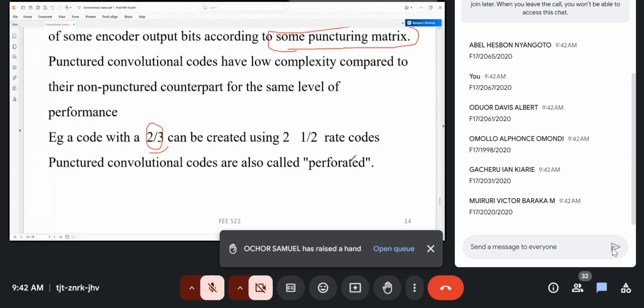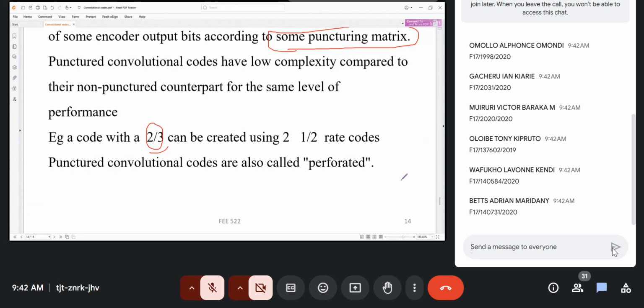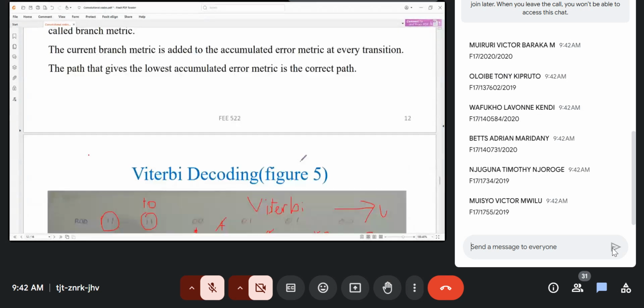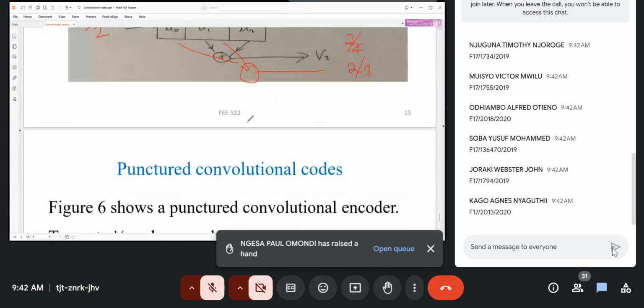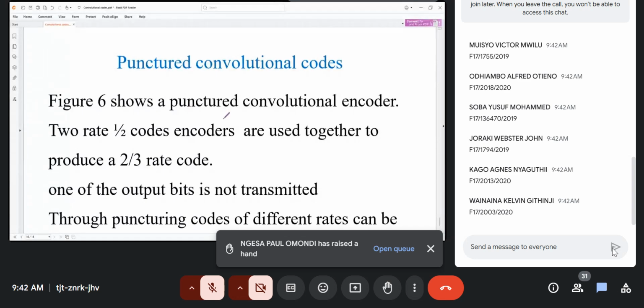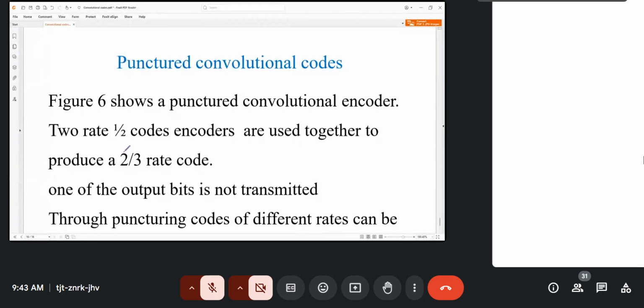You explained something about a half and 2/3. Could you kindly explain again? What you're saying is, remember, we had said that you can create any code rate. For example, you can have 2 bits entering at every time and have 3 bits output.